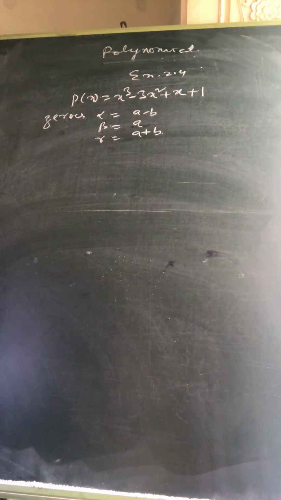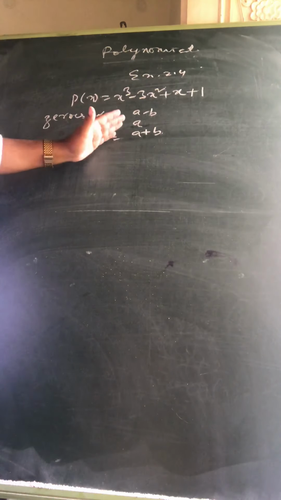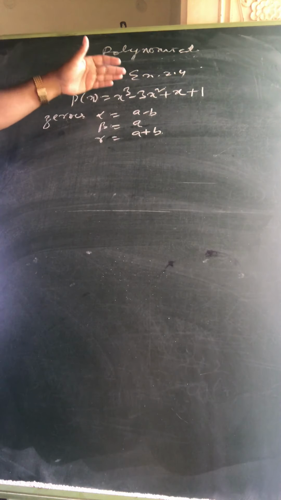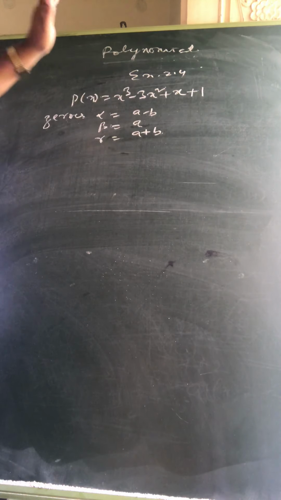Now he is asking to find the values of a and b. These a and b are different from the coefficients. Here we denote coefficients with a, b, c, but these a and b are not those coefficients.